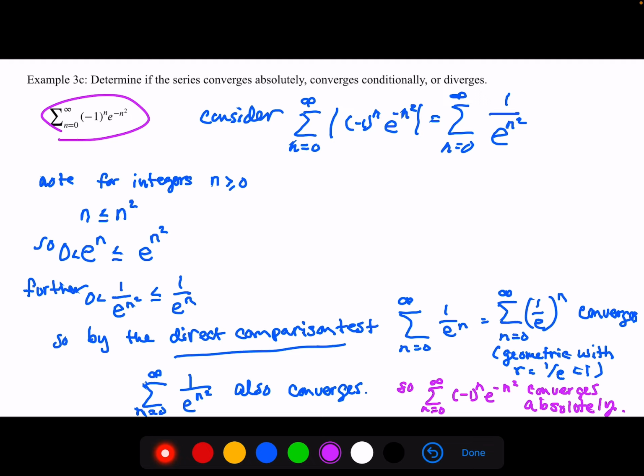So again, the idea here is what we ended up doing is taking the absolute value of the terms of our series. And then we applied the direct comparison test to conclude that the series of the absolute value of a sub n converged. So we're able to conclude that the series a sub n converges absolutely.